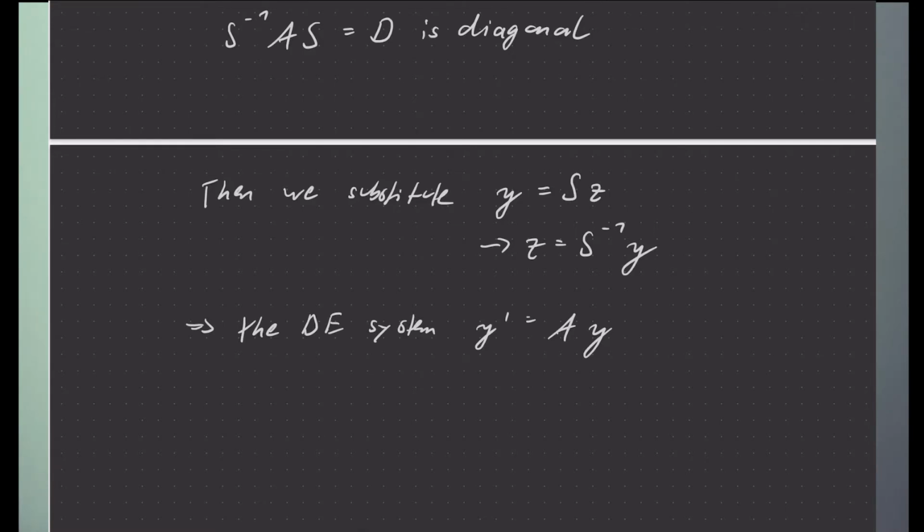What would that be then? Well, y prime is S c prime, so we will get S c prime equals A y, and again y is S c, so we get A S c.